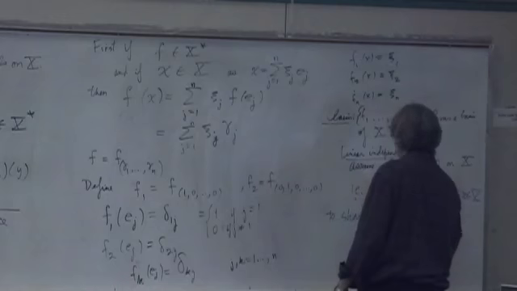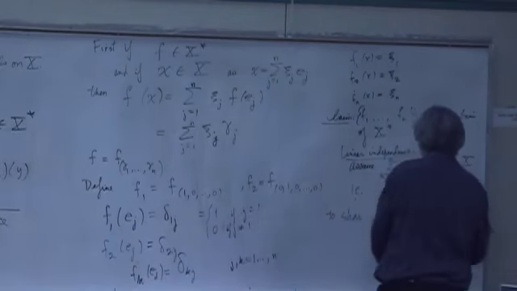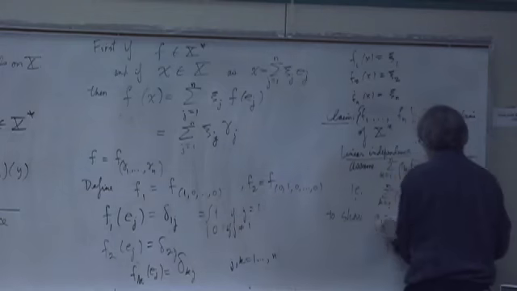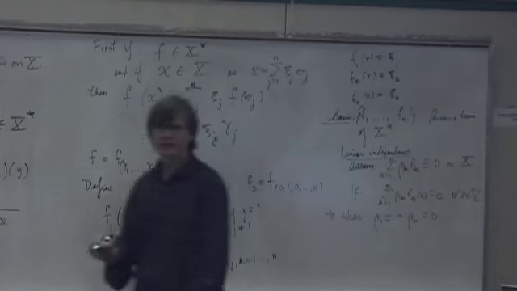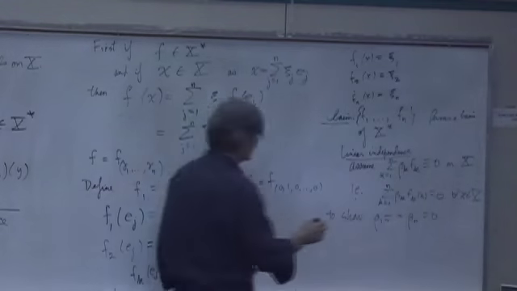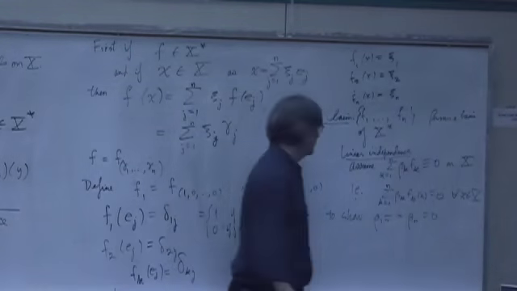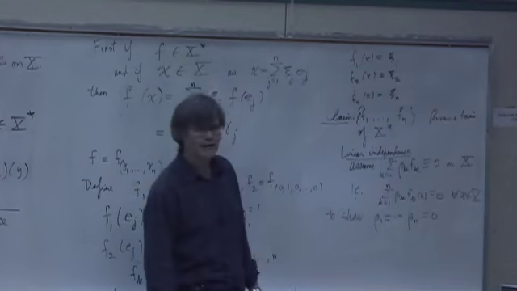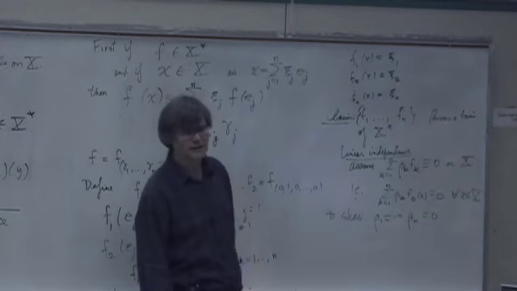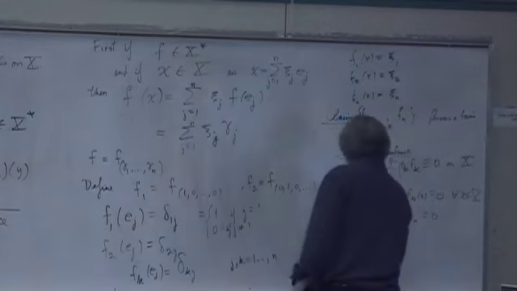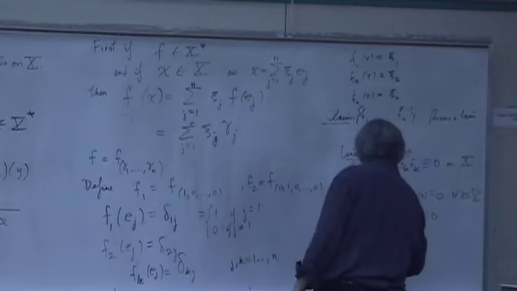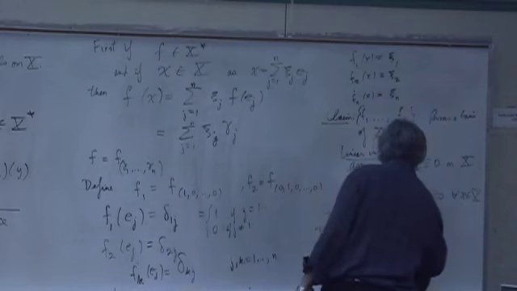I should have made you do all these problems in your homework. This is just the standard material. Now how do you do that? You can pick your x's to be special cases, like the original basis vectors. So take x equals ej for any j.